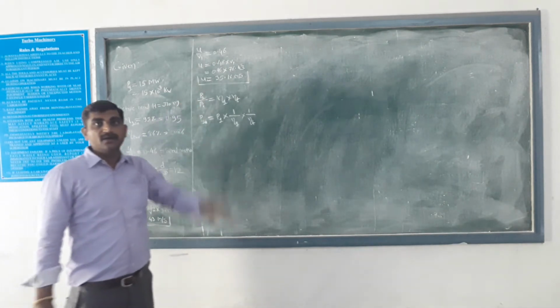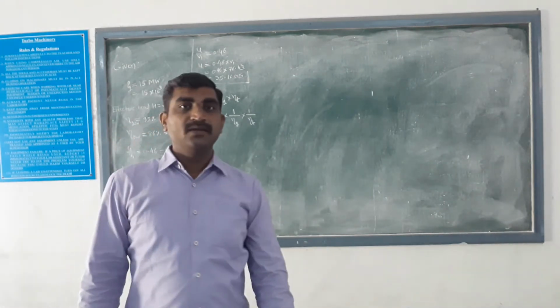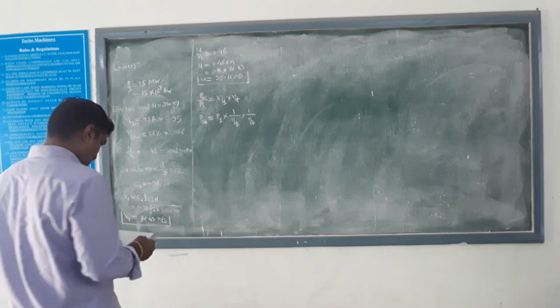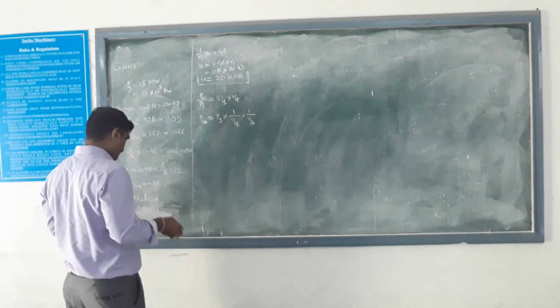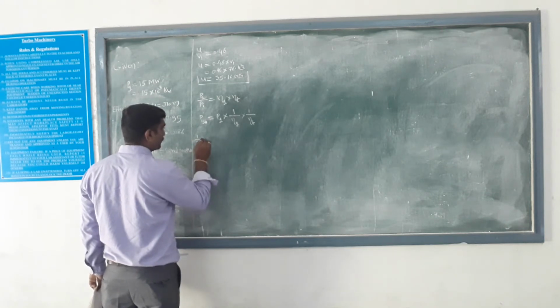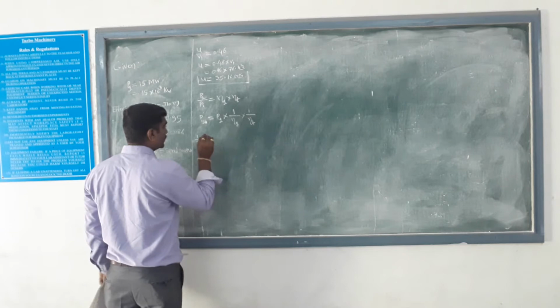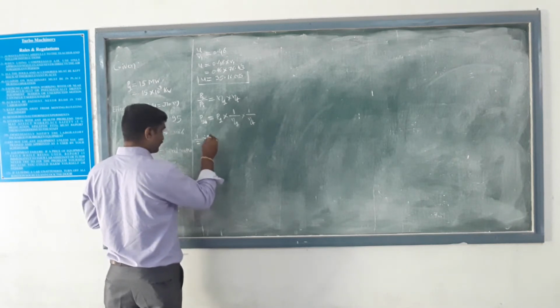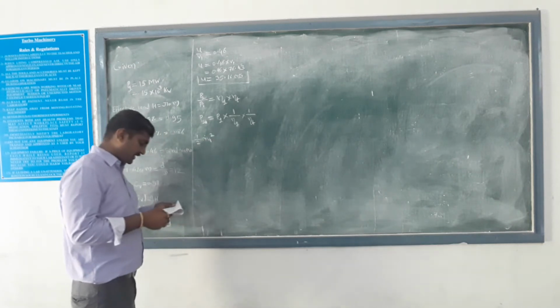From this formula we calculate the jet power. We know jet power equal to 1/2 mass flow rate into V1 square, that is the kinetic energy.